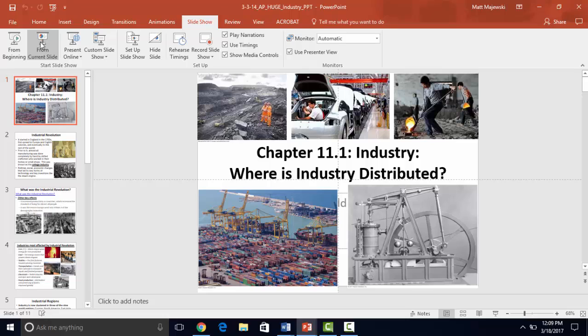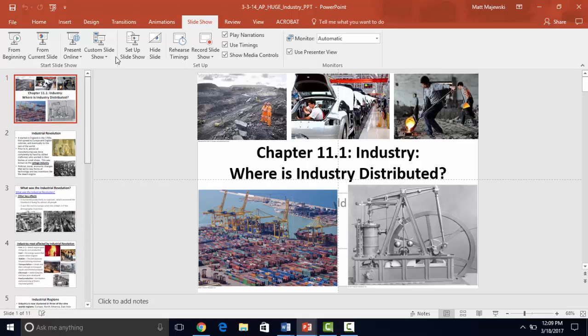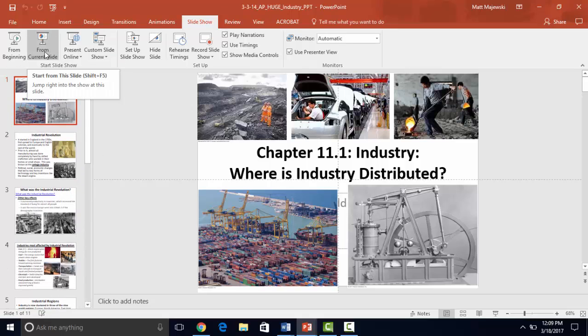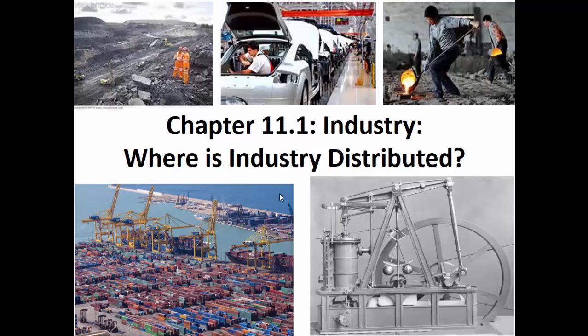So we're going to start with Chapter 11.1, Industry. Where is industry distributed? And then, of course, we are going to move on to the other industry notes as well. Okay? So where is industry distributed? Chapter 11.1. We got some resources, a mine situation where we're extracting resources. Here we have a mass assembly line, factory production.